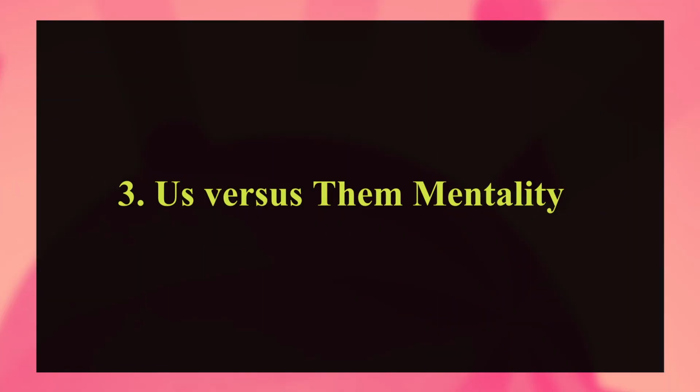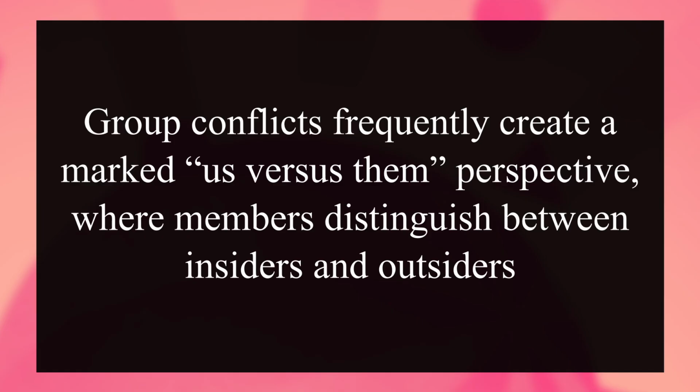Number third, us versus them mentality. Group conflicts frequently create a marked us versus them perspective, where members distinguish between insiders and outsiders. This psychological splitting encourages favoritism toward the in-group and hostility toward the out-group, nurturing stereotyping, prejudice, and distorted interpretations of others' behavior.